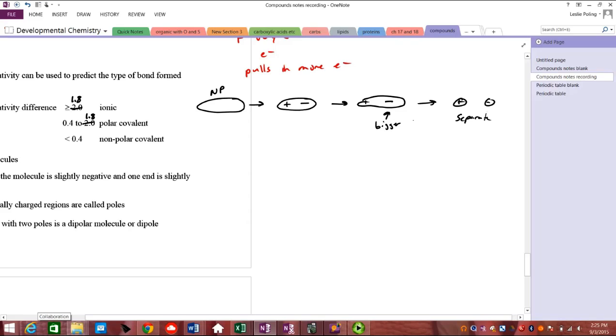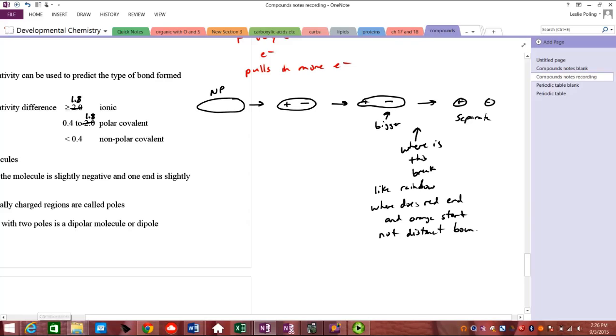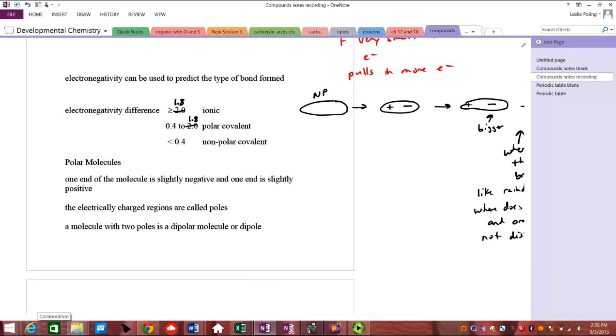But it's hard to tell where is this break. Kind of like in a rainbow. Where does red end and orange start? It's not a distinct boundary.